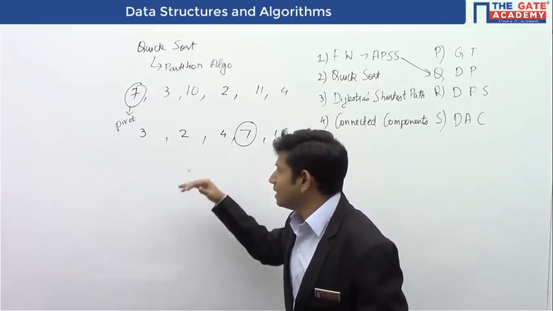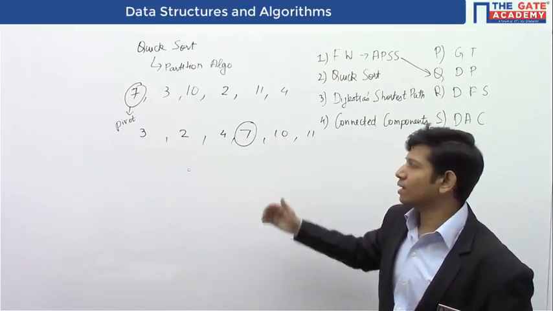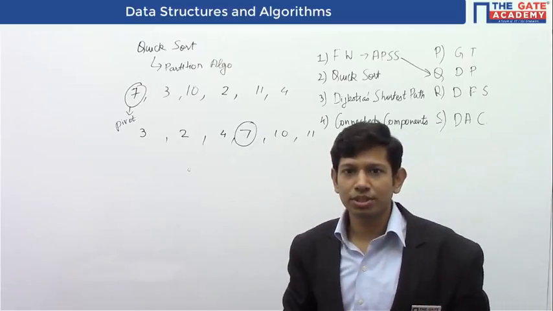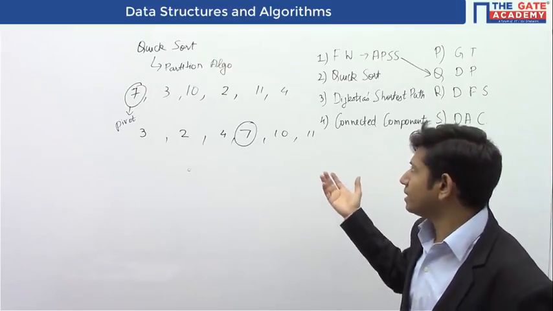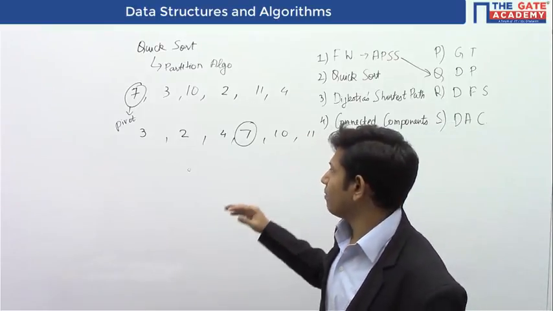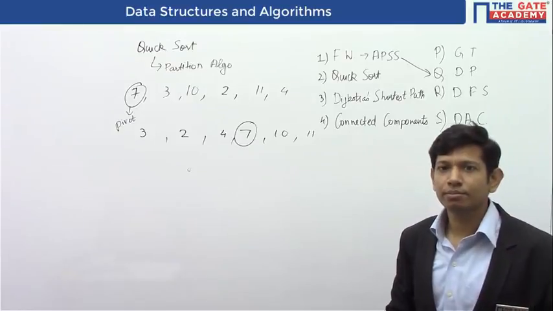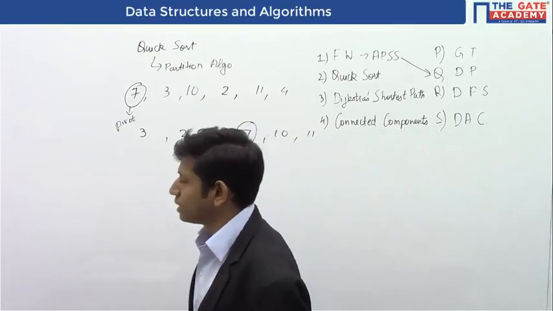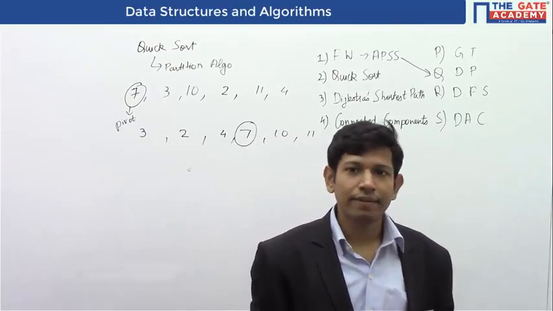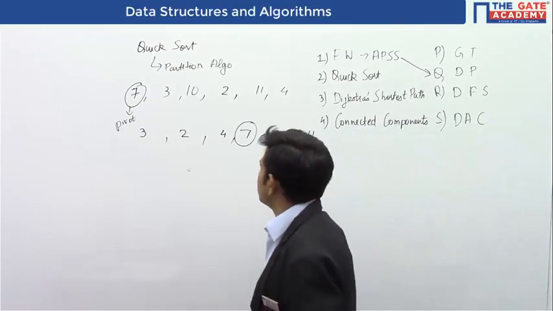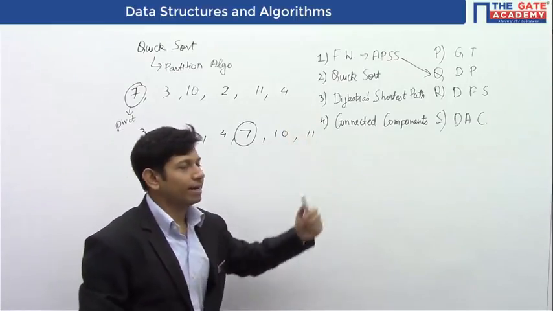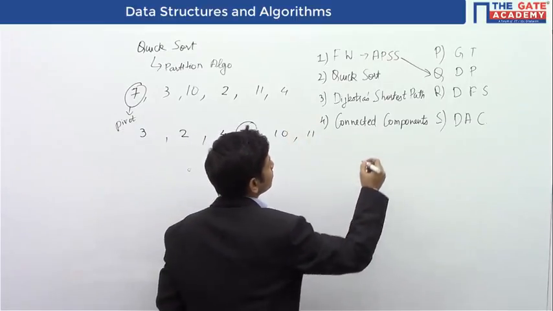Like this, at each pass of partition algorithm, the pivot element selected will come to its correct position. So if there are n elements, after n passes of partition algorithm, we would have each element sorted to its correct position. This is how quicksort performs the sorting using divide and conquer strategy. So the correct answer for this option will be divide and conquer strategy.